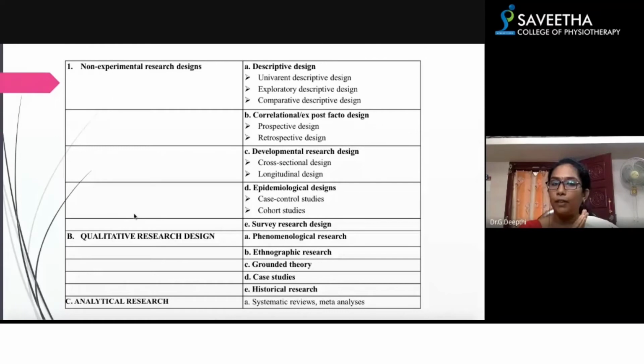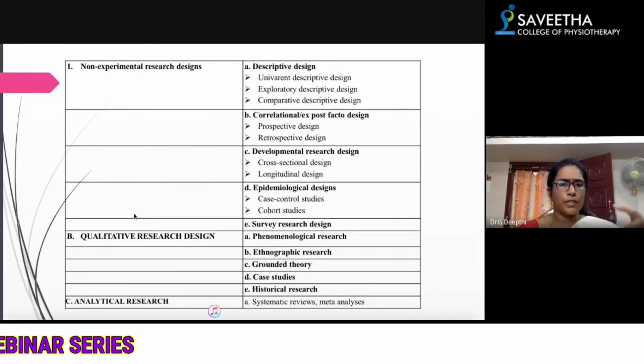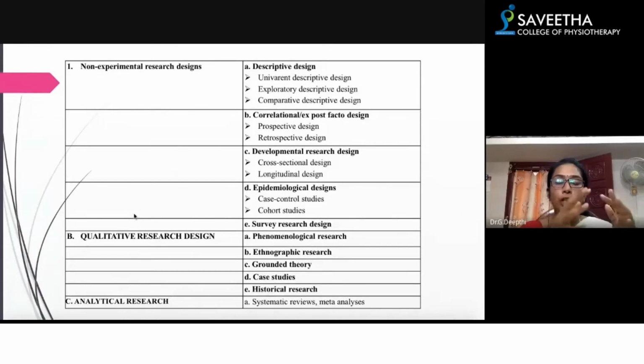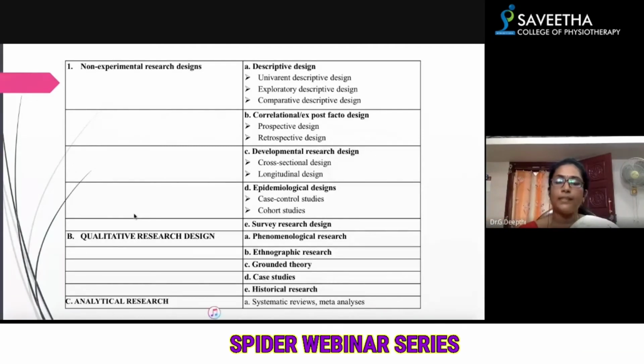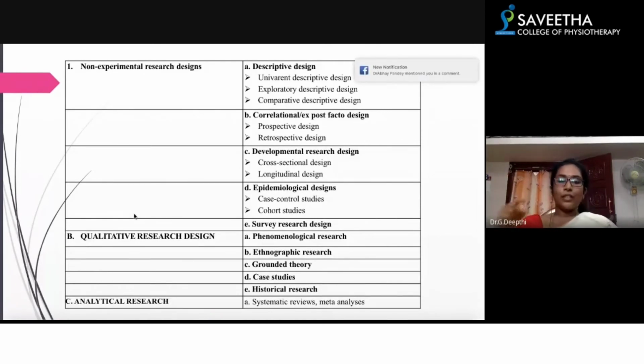Then you have qualitative research design: phenomenological research and ethnographic research deal purely with the population. You present the phenomenon and find out what people's view of it is. Ethnographic research is about how a particular group of people behave. Grounded theory, case studies, and historical research all come under qualitative research designs. So if you're doing any novel research, you can very well go with qualitative research designs.